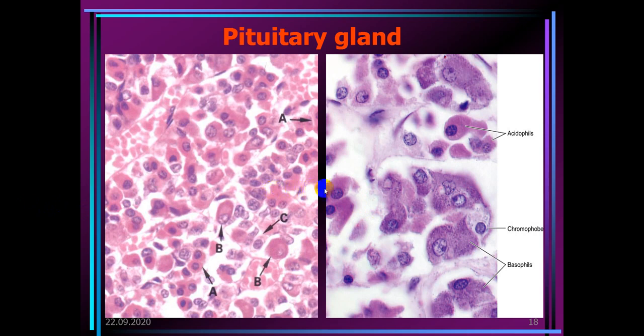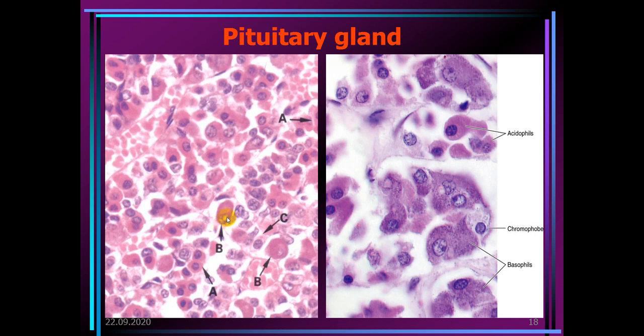And now you can clearly see the chromophils and chromophobes. On the left, you can see, for example, basophils. Especially gonadotrophs are not difficult to recognize.